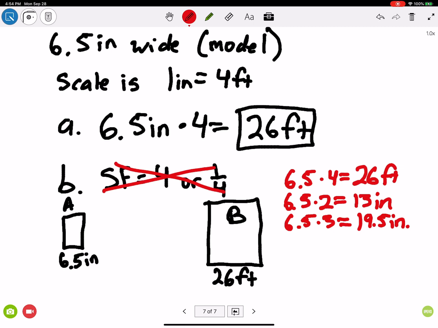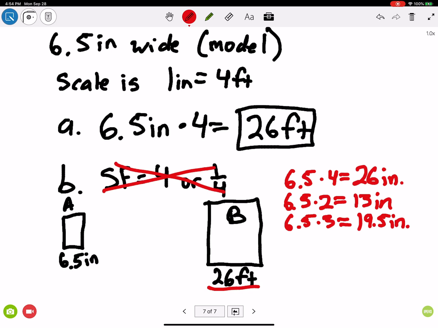Oh, inches. So 6.5 times 4, if my 6.5 is in inches, doesn't give me 26 feet. It only gives me 26 inches. Is that the same thing as the actual flower bed width? No.